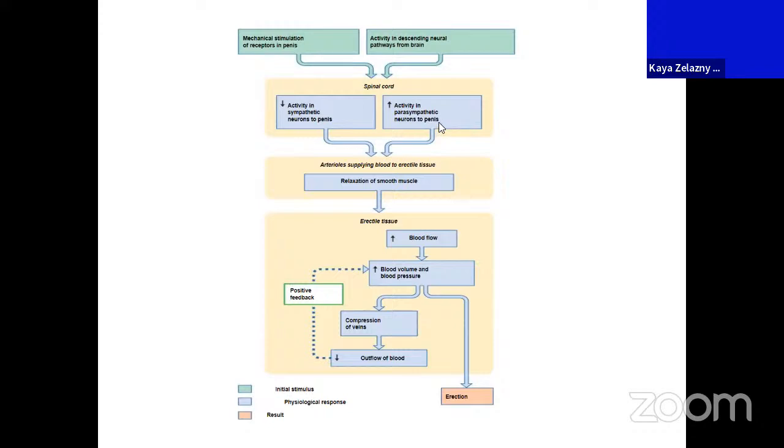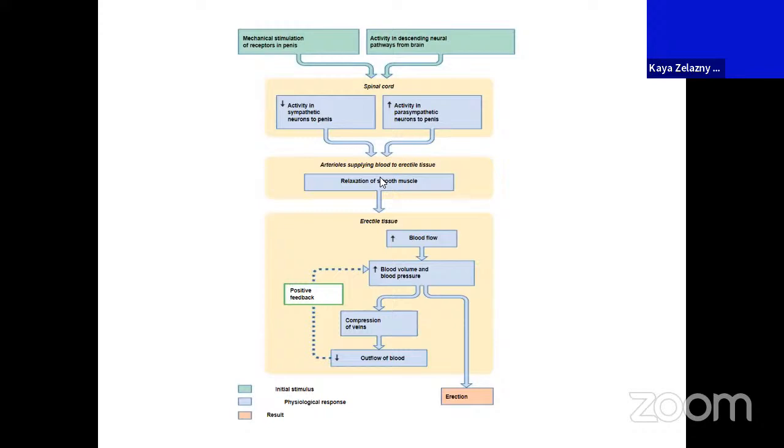The goal of this is actually just to change the situation for the blood vessels, right? So erection is a filling and swelling with blood. So as this parasympathetic innervation rises, we're changing those arterioles that are giving blood to the erectile tissue in the penis.